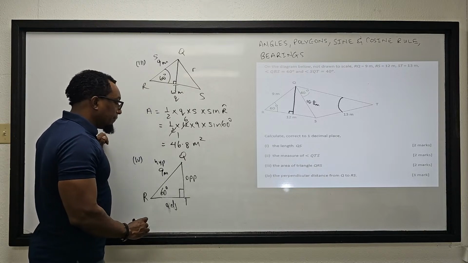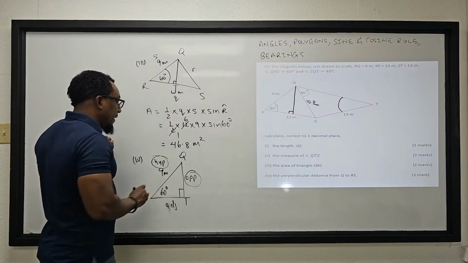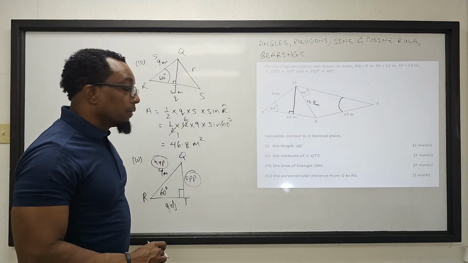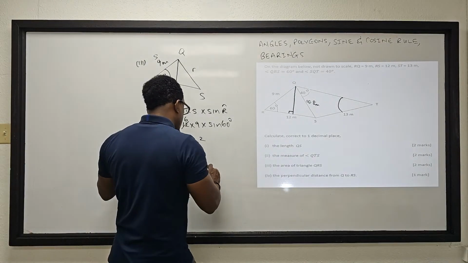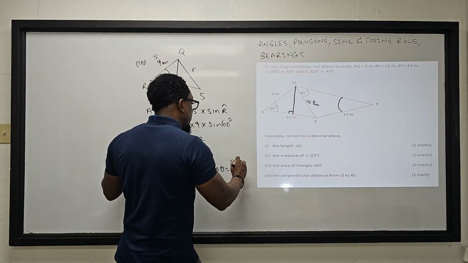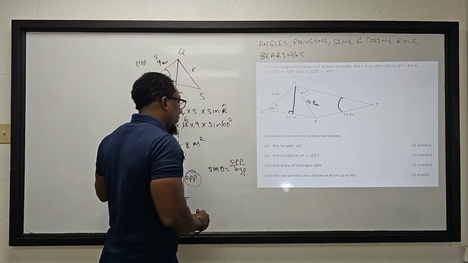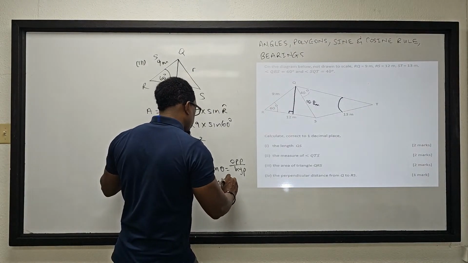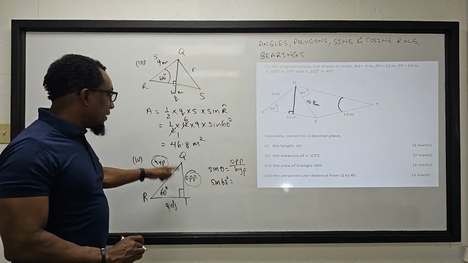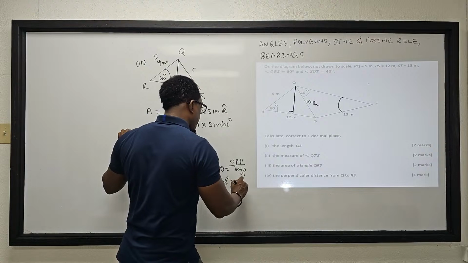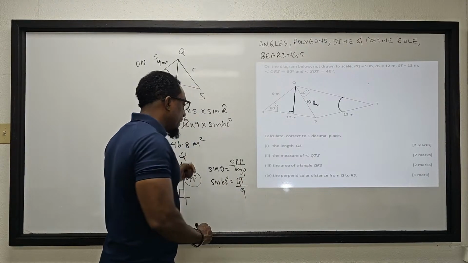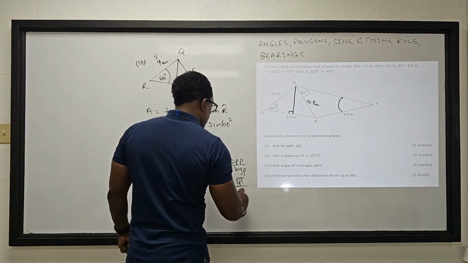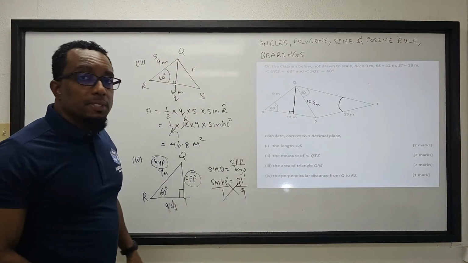And because I want to find the opposite, given the hypotenuse, I know the trig function I'm going to use will be sine. So sine theta is equal to opposite over hypotenuse. Sine 60 degrees is equal to the side opposite, which is QT, over the hypotenuse, which is 9. I'll put sine 60 over 1, and I'll cross multiply so I can get QT by itself.